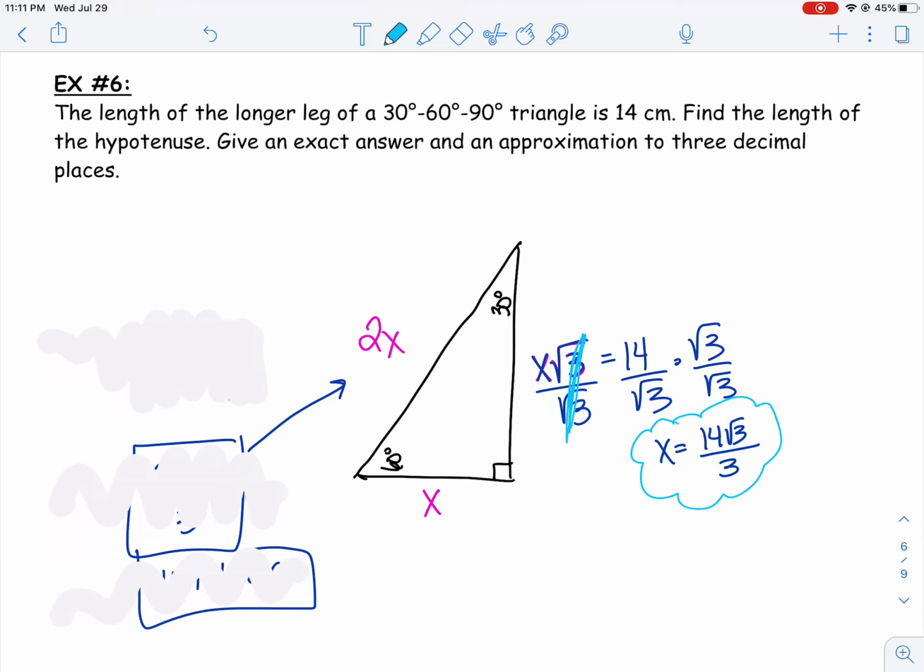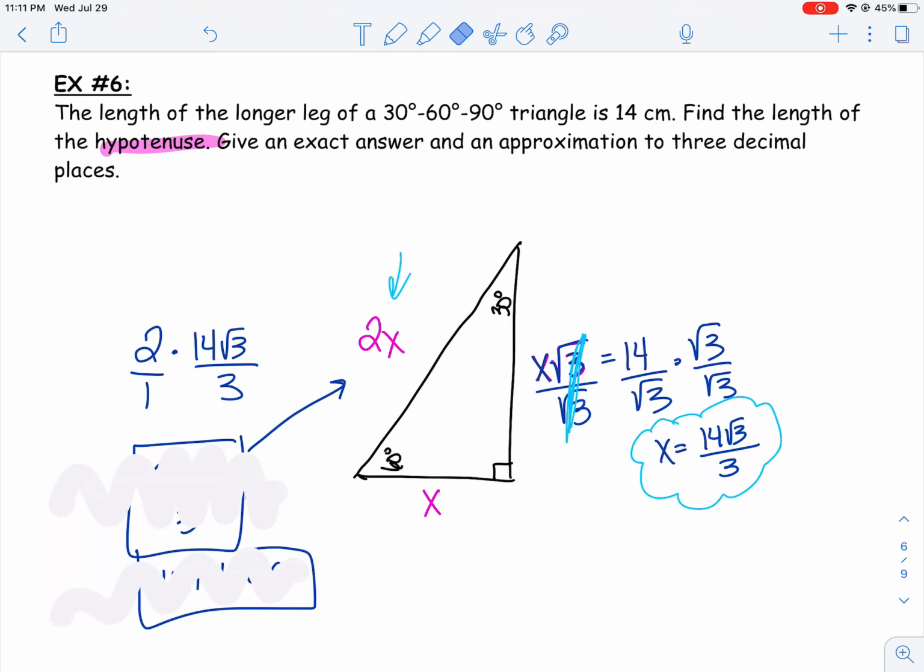So if x is 14 rad 3 over 3, and we want to figure out what the hypotenuse is, well, the hypotenuse is 2 times x, so the hypotenuse is going to be 2 times 14 rad 3 over 3. You notice that I put the 2 over 1 so that I can see fractions next to fractions. And I know that when I'm multiplying fractions, I multiply across the tops and I multiply across the bottoms, right?